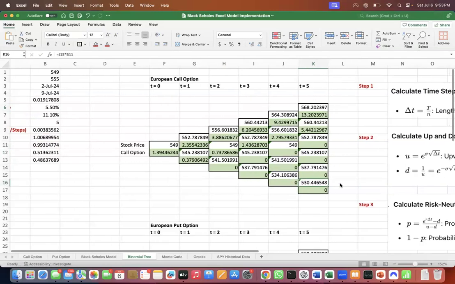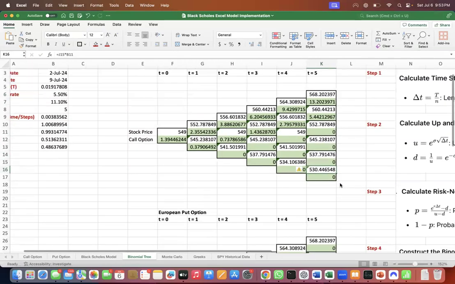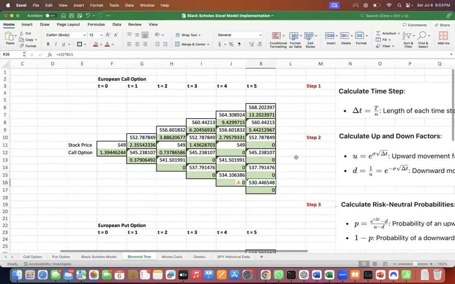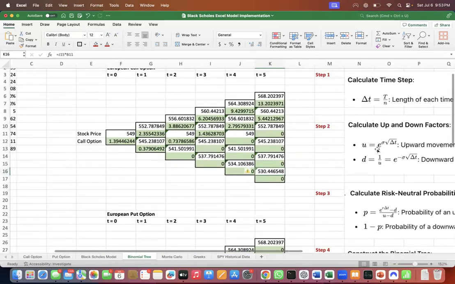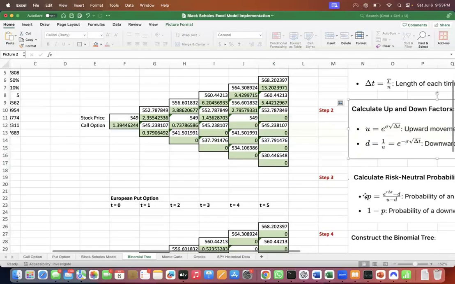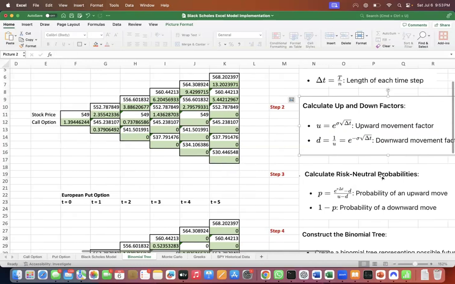Once you construct your tree and calculate the up and down movement, the next step is calculating the risk neutral probability.